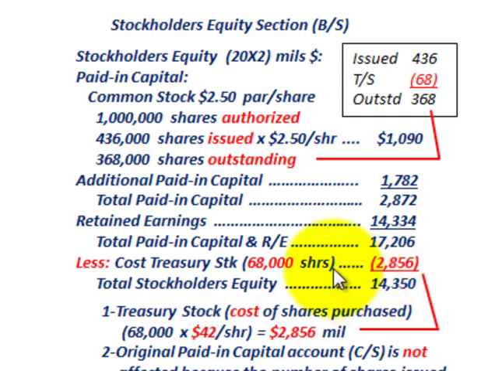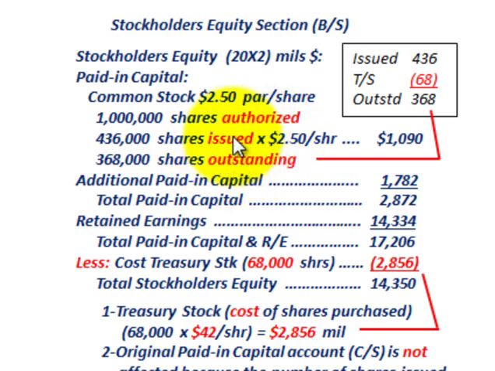So let's look at how we'd state that here in our equities, how we set up our equity section here based on that data we had. So we take our paid-in capital here, that would be the common stock. We would list the $2.50 par per share amount here, and then we would list out the number of shares that are authorized here, the number of shares that are issued here, and the number of shares that are outstanding.